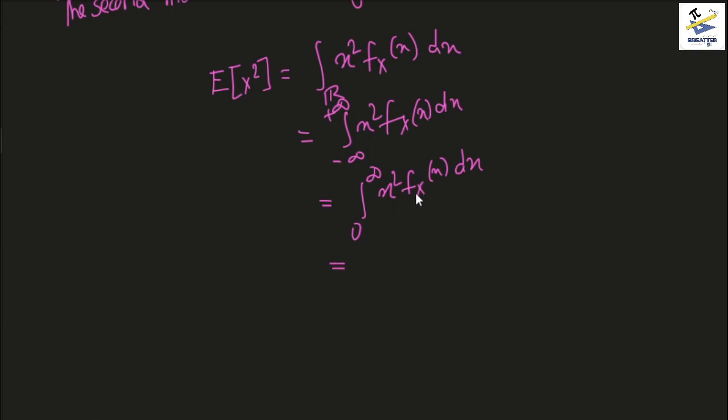This would mean that we are going to put the value of f of x dx, which is x square into lambda e to the power minus lambda x dx.